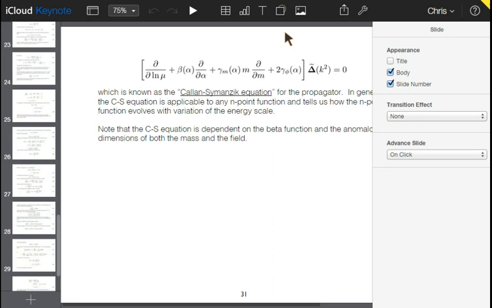But in this class, the people that remain here have come into what I call peaceful coexistence with the divergences. In other words, we've seen that these divergences pop up all over the place, but we have a good way and a good argument of how to cancel them. And when we're able to do that, we say the theory is renormalizable.